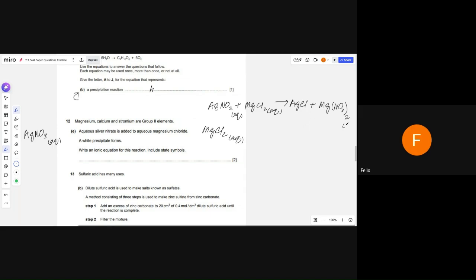This is aqueous, because all nitrate-containing ionic compounds are soluble in water. But the solubility rules tell us that when a halide is combined with silver, lead or mercury, it will be insoluble in water. I hope this is clear. Oh, why did I write aq? This is solid.